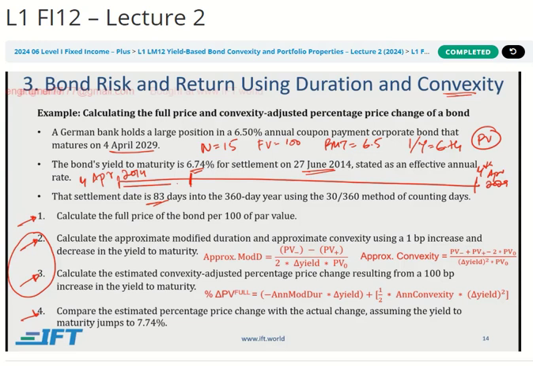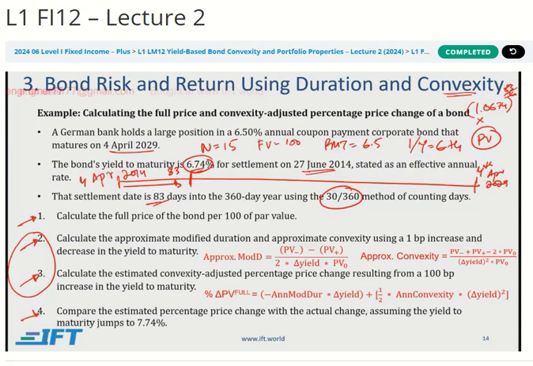You're 83 days ahead of that, right? So whatever PV you get, you need to multiply it by 1.0674, because that's the annual yield, to the power of 83 over 360, because it is using the 360-day year. And then you will get your point number one.